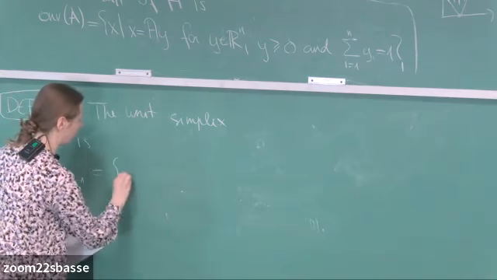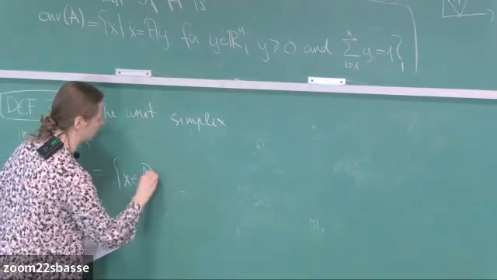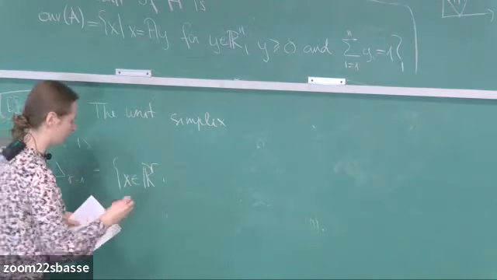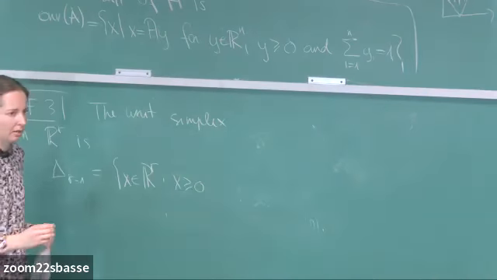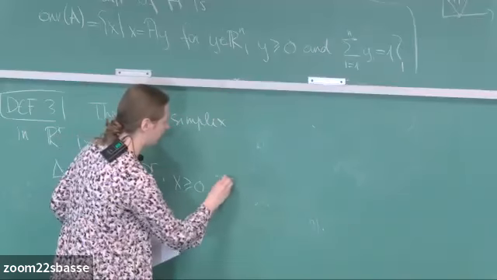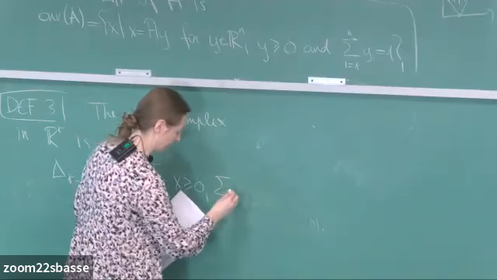So it consists of all the elements x in R^r such that all coordinates of x are non-negative, and the sum of coordinates of x is 1.